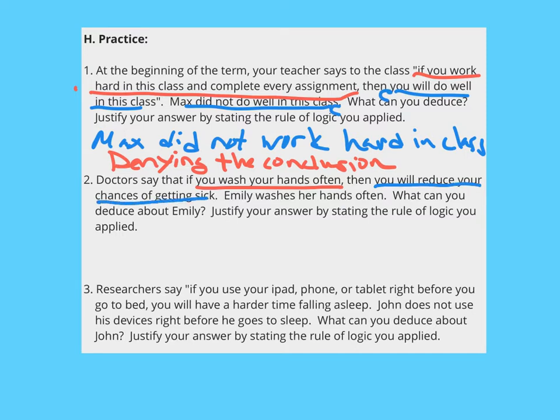So when we say Emily washes her hands often, we have Emily matching up with the hypothesis. And we're agreeing with the hypothesis. So that tells us that we are really affirming the hypothesis.